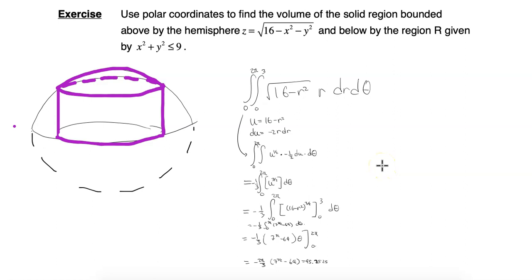Use polar coordinates to find the volume of the region bounded above by the hemisphere. So here's the entire sphere, but we are only focusing on the hemisphere, and below by the disk in the xy plane. So it's this disk here.